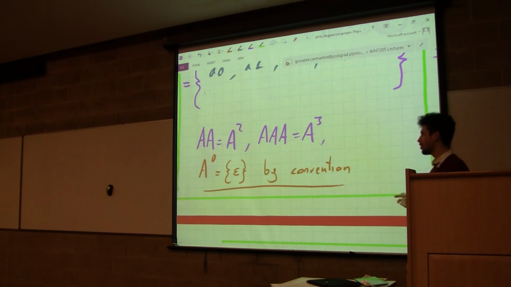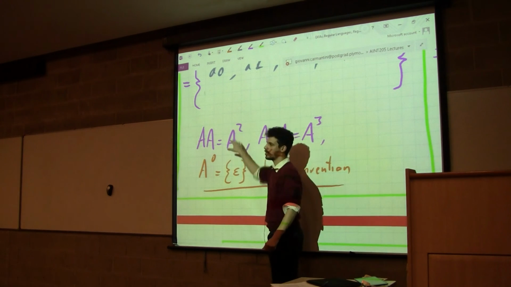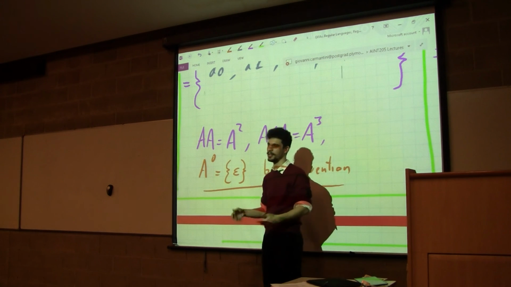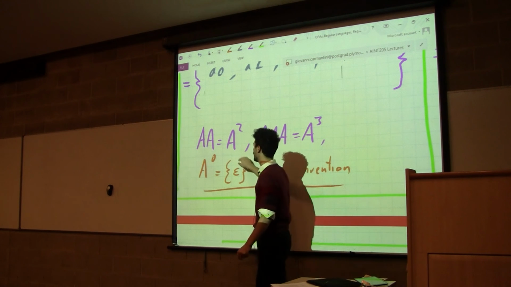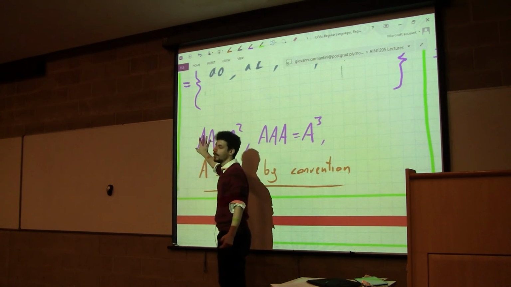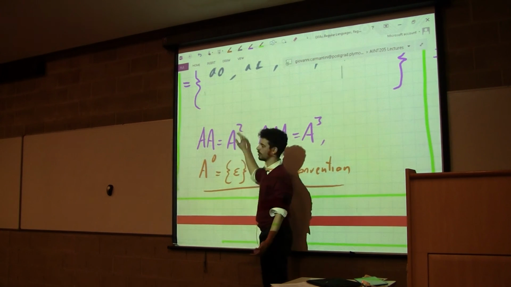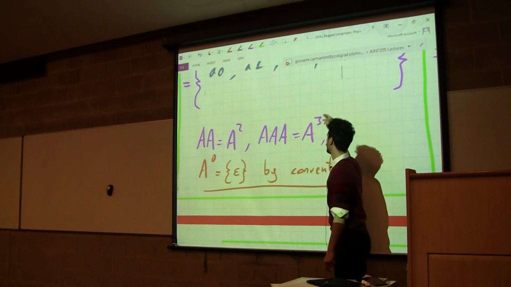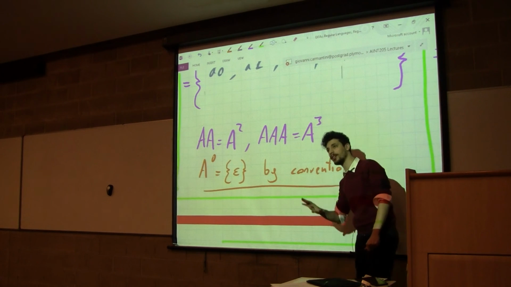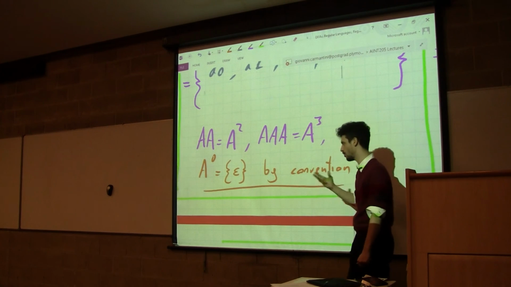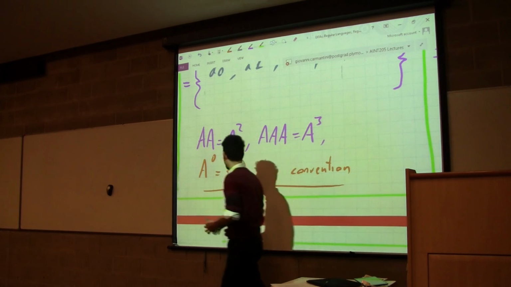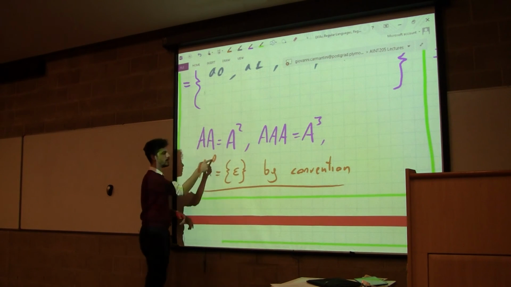Some further notation. This notation here is just eye candy, syntactic sugar. If we have AA, you can just write A to the second. If we have AAA, you can write A to the third. In particular, with this candy, you can have A to the 0.